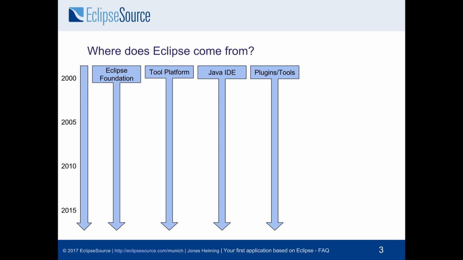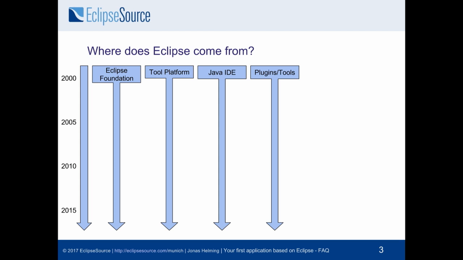However, it's also possible to create a completely dedicated tool, like the C++ tooling based on Eclipse has nothing to do with the JDT, with the Java development tools. And there's also a tool for PHP, for example. And there is a number of commercial tools provided by different companies for their own languages or for their own hardware devices or whatever, also based on the tool platform.